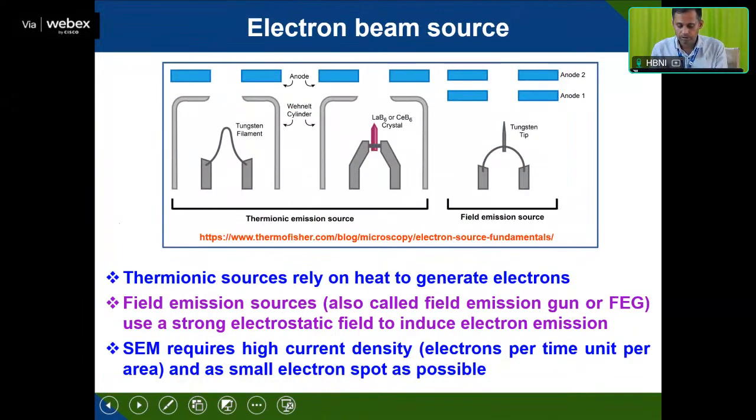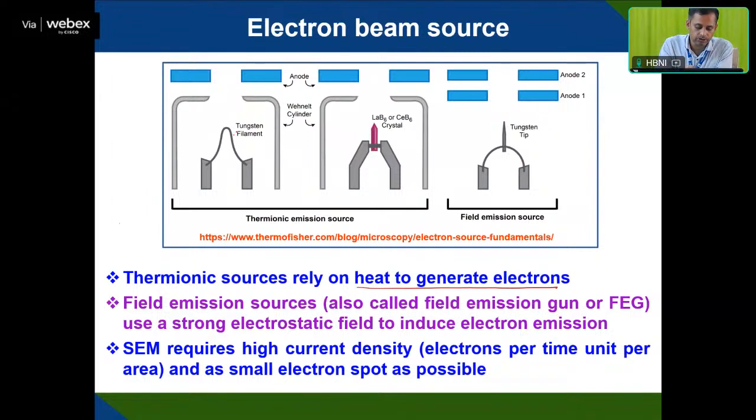Once thermionic emission takes place, the thermionic source relies on heat generation of the electrons. The field emission source, also called the FEG gun, uses a strong electrostatic potential. You have a tungsten or an FEG source there, and from there, electrons will be generated.